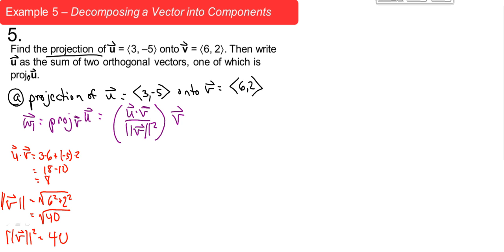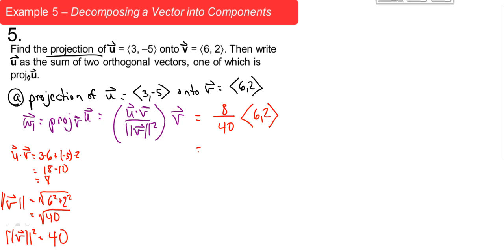And I could have done that just by using the dot product of v times itself, but that's okay. And so let's see what this gives us. We've got that dot product, 8 over 40, and we're going to multiply that times the vector 6, 2.